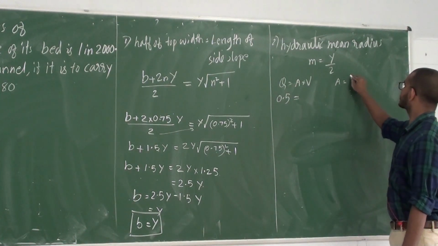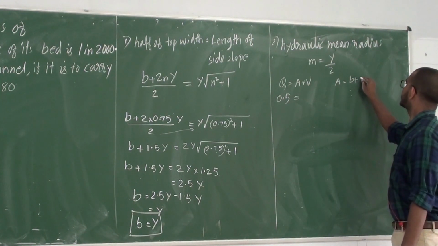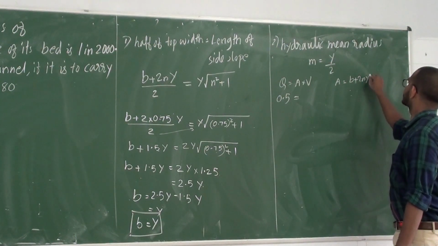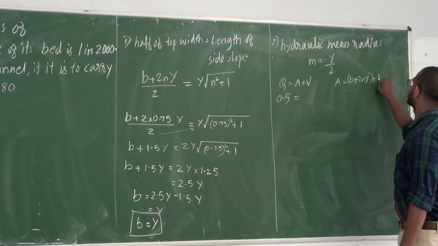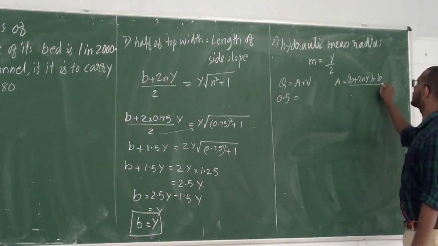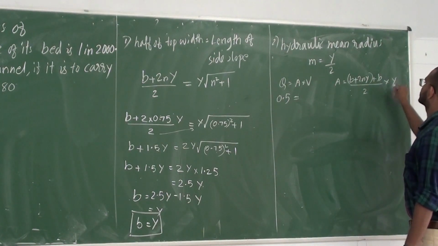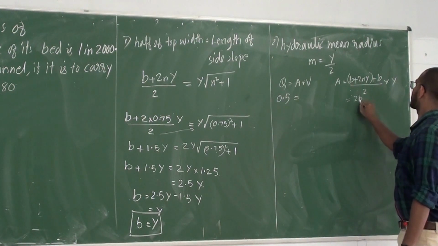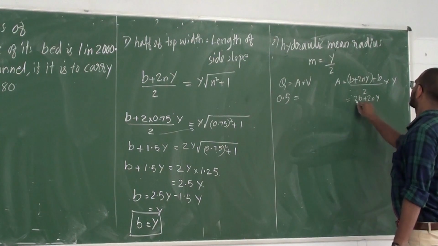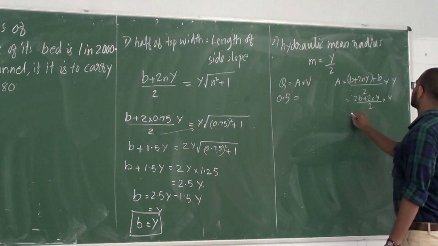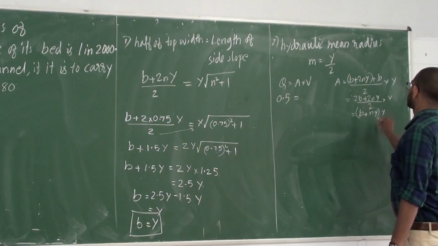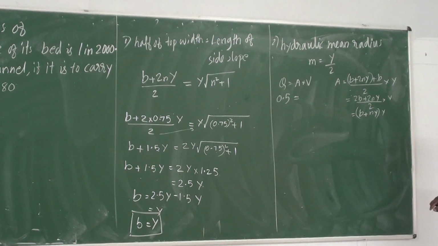So top width is B plus 2ny, plus bottom width B, divided by 2, into y. That is B plus ny into y.